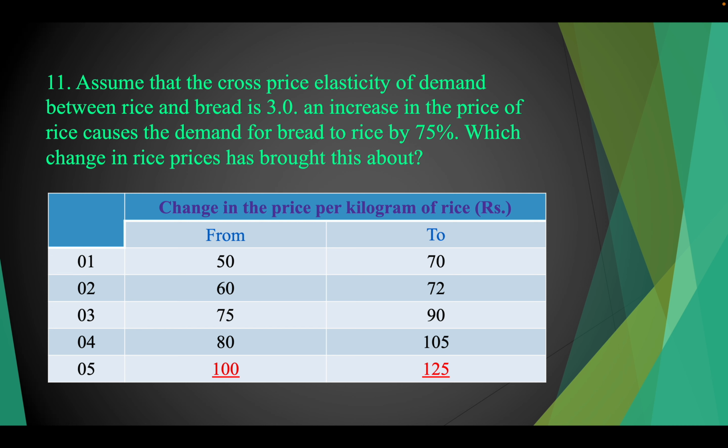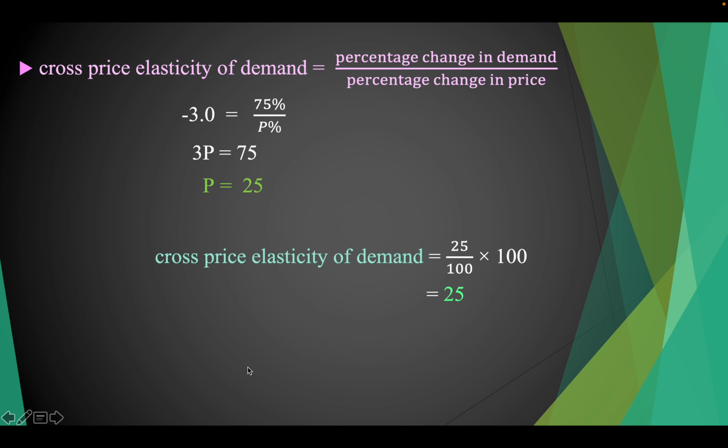So, that is the percentage. But here the answers give the amounts. So, you have to calculate which answer gives the 25%. So, I took that fifth answer, that is the change of 25 divided by 100.